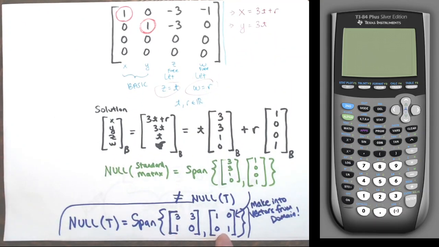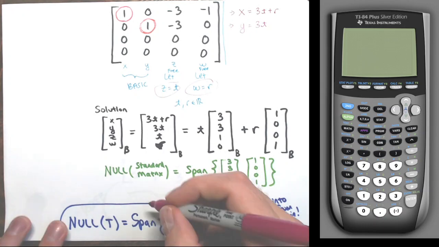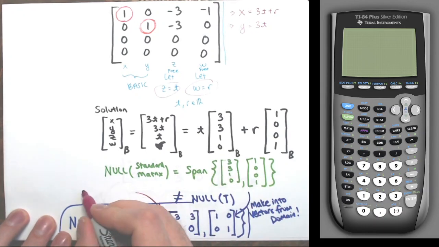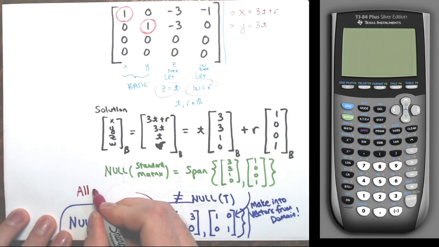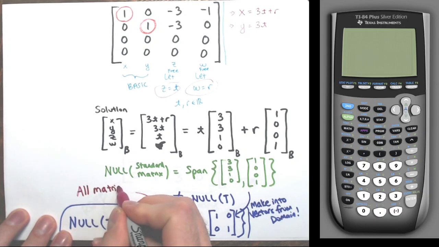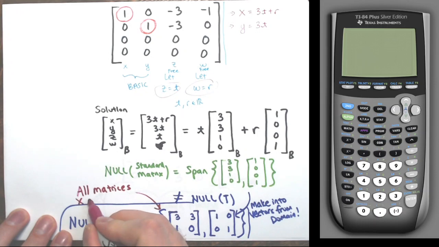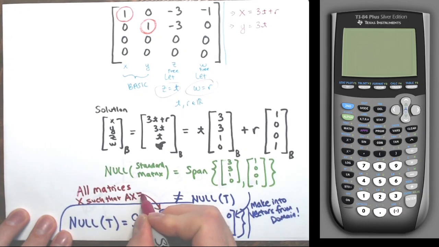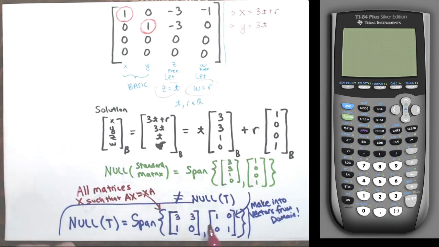So this is actually the set of all the matrices that commute with A. All matrices X such that AX equals XA, right? Every matrix in here would be commutative with A. You could multiply them in either order and it would give you the same result.